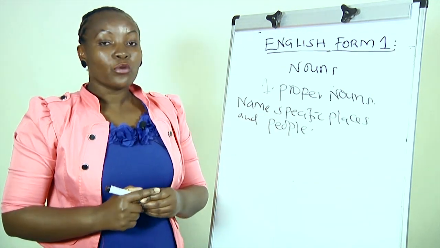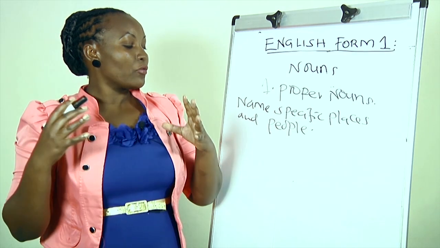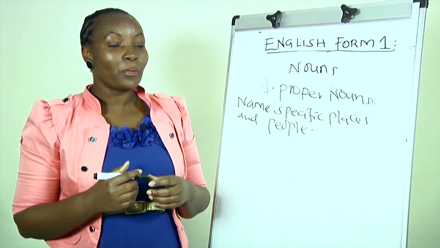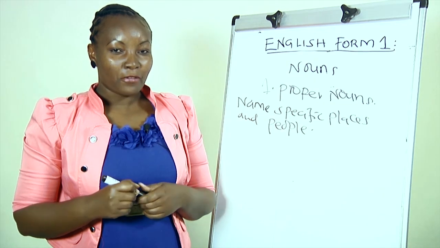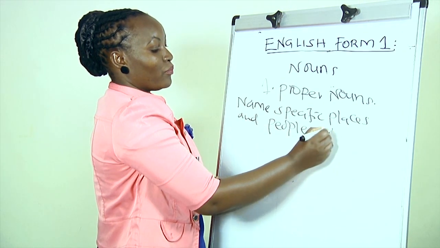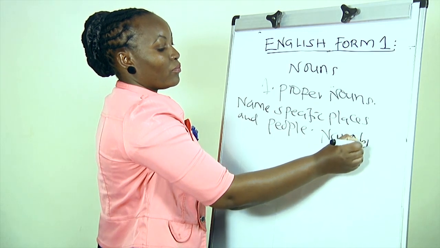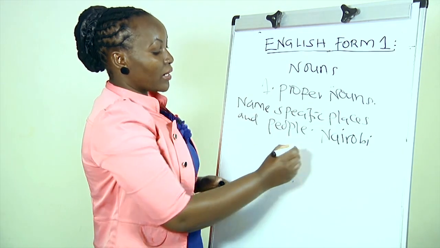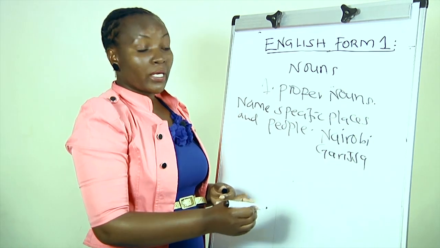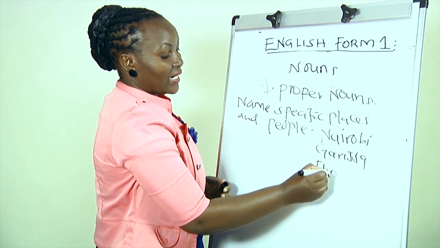And if you could use your pen to list some of the names of people and some of the names of specific places that you have in mind. For example, a name of a specific place would be Nairobi. It would be Garissa. It would be India.